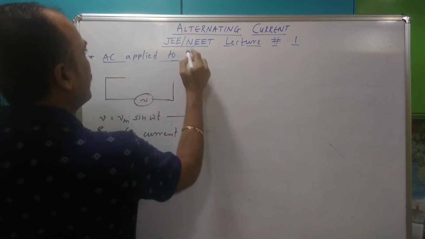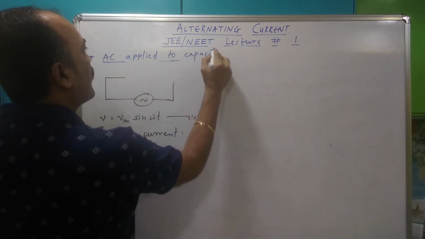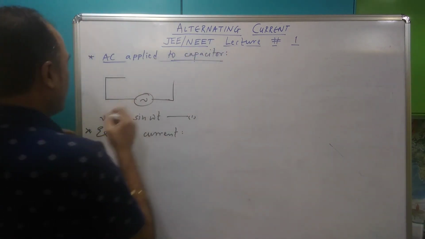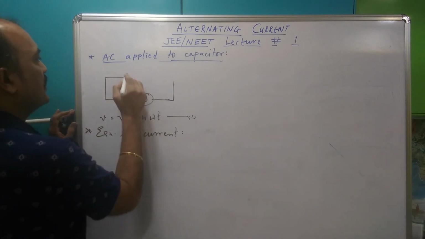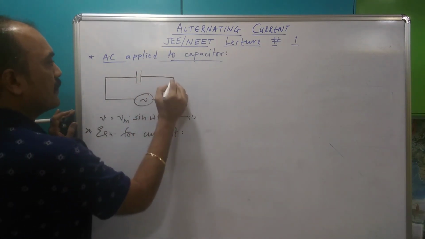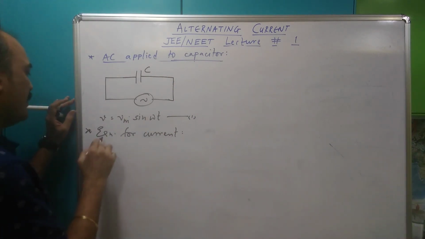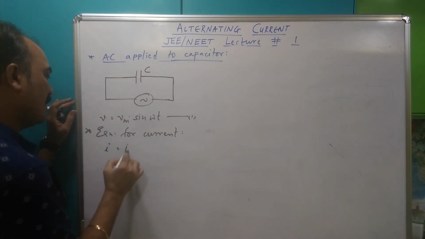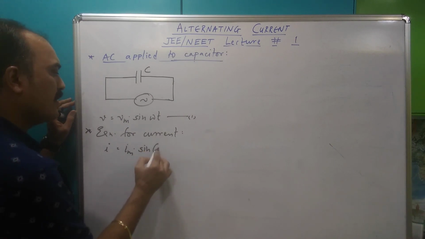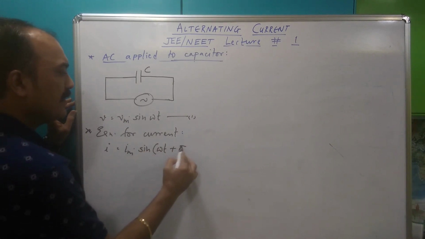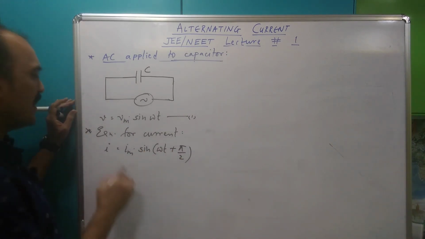There's a capacitor. You see, the equation for voltage remains the same. The equation for current, I is Im sin(omega t plus pi by 2).